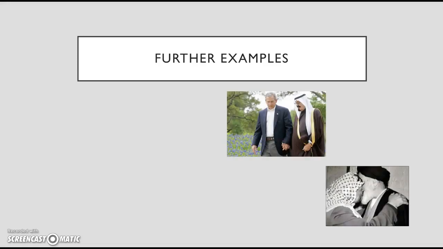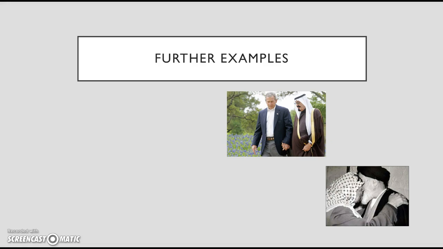Here are a couple of more modern examples of how gender can be socially constructed in different ways. In many Arab and Middle Eastern countries, they don't have these uptight rules about touching and kissing of other men. Many Arab and Middle Eastern men greet each other by kissing each other on the cheek.